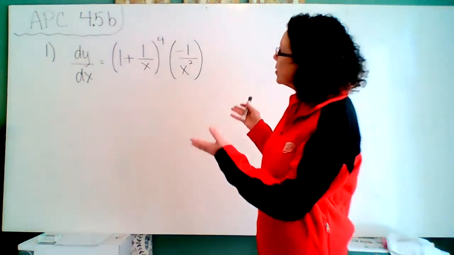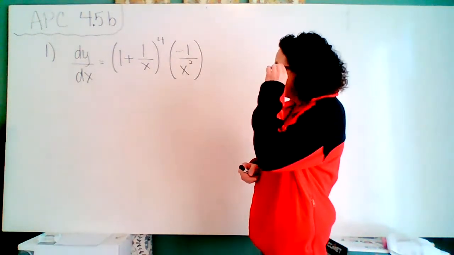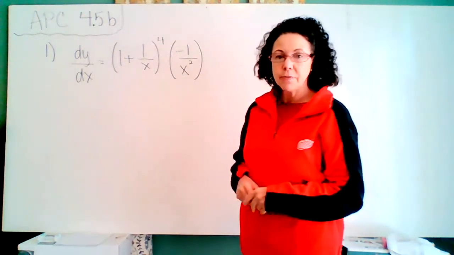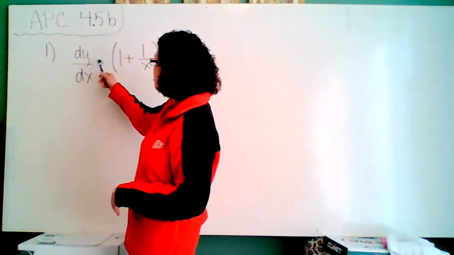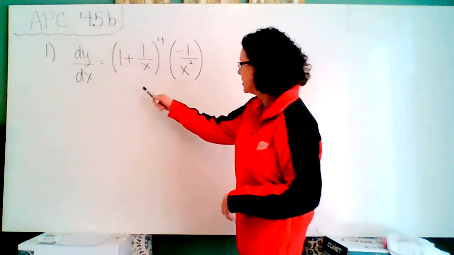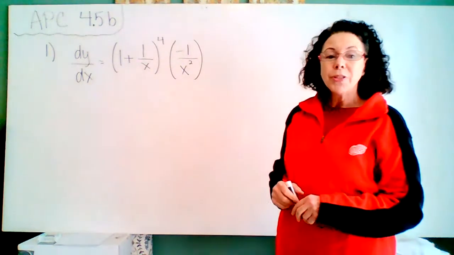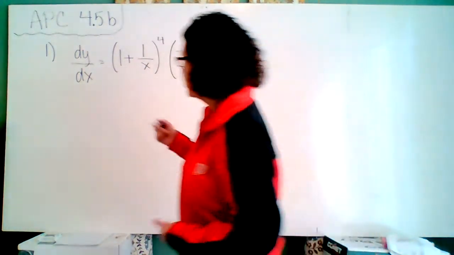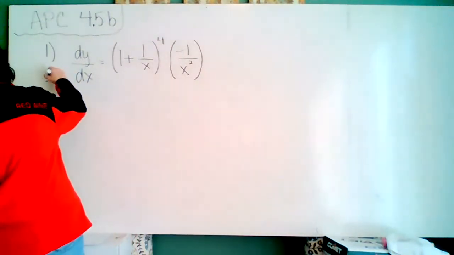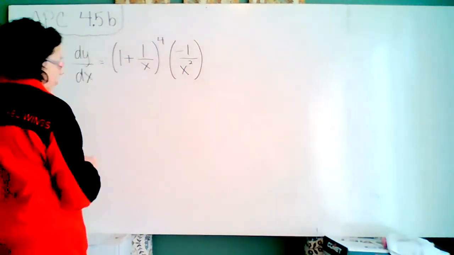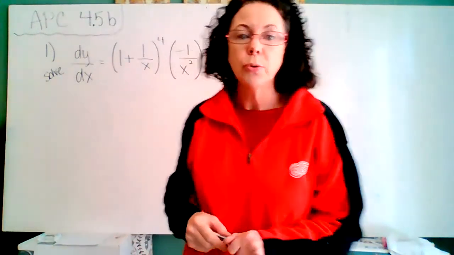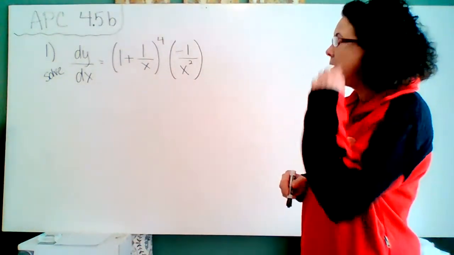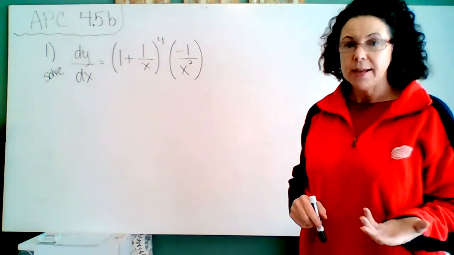Okay, so the first example that we see is, notice that this is a differential equation because we have the derivative of y with respect to x equals this expression. What they're asking us to do is solve this differential equation, meaning that we have to end up with a function with no derivatives when we're done, meaning that I have to integrate both sides.